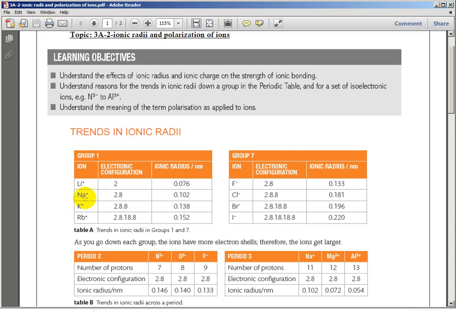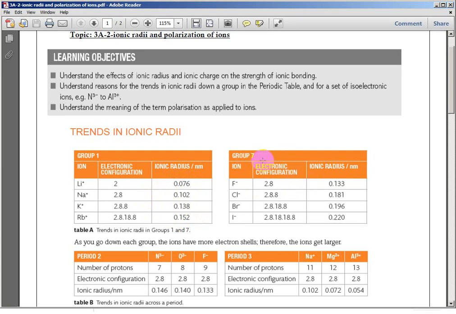When it loses 1 electron it becomes 1 positive charge, so 2, 8. And the ionic radius is 0.012, potassium 0.138, rubidium 0.0152. So the ionic radius in a group increases. Okay, look, it increases from 0.076 to 0.152.